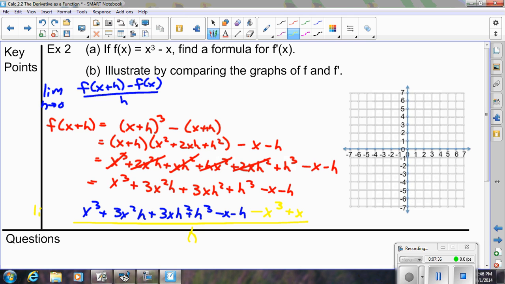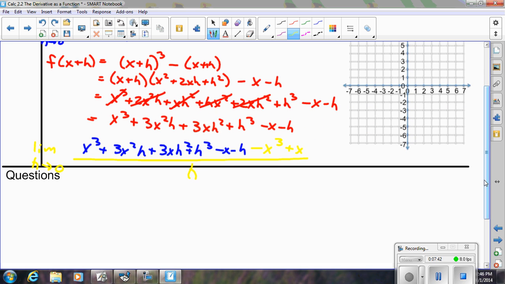And we've got that limit. All right, so what are some pieces that are going to cancel? Well, x cubed with x cubed will cancel. x with x will cancel, plus minus pairs.